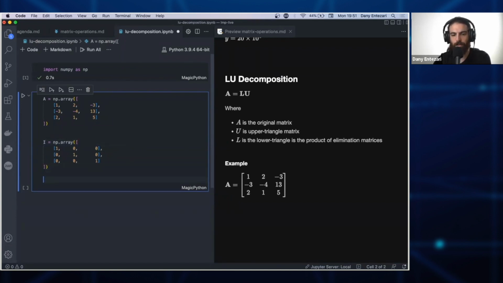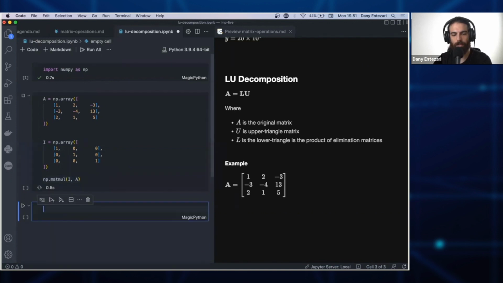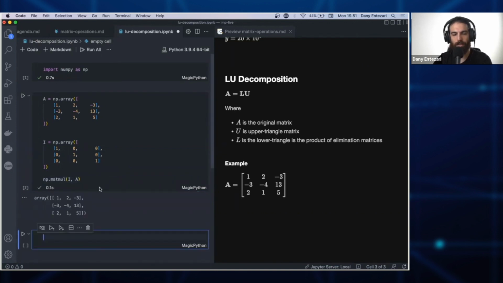I will show you the result of this evaluation, and then I'll show you a picture. I'm going to use np.matmul. This is short for matrix multiplication. So I'm going to apply the identity matrix to the original matrix. When I multiply this, you can see we get the same matrix again. I mean, it's the same thing.